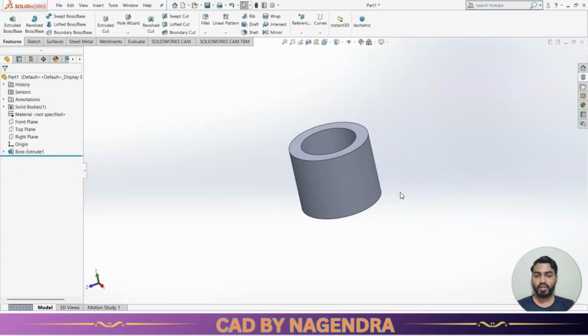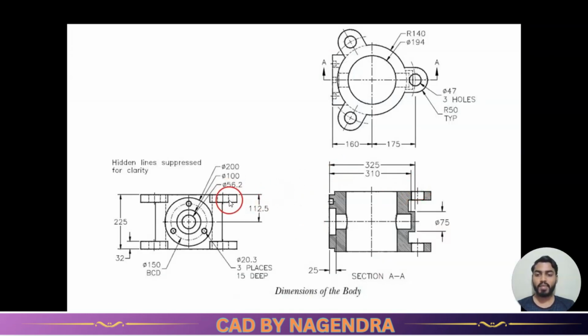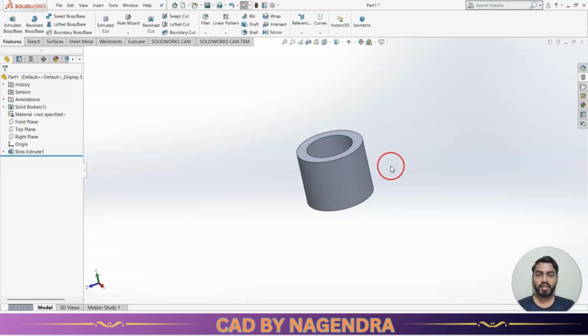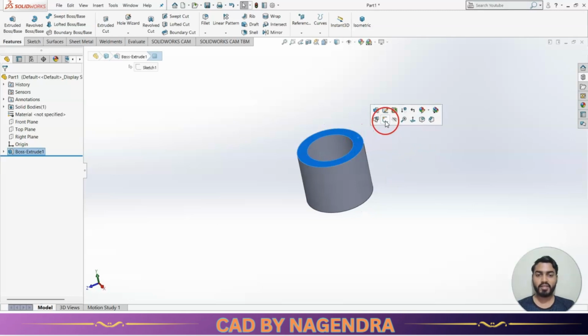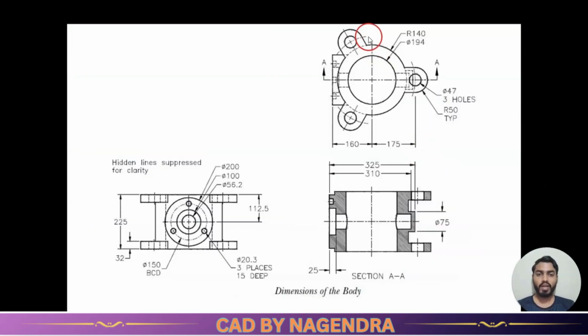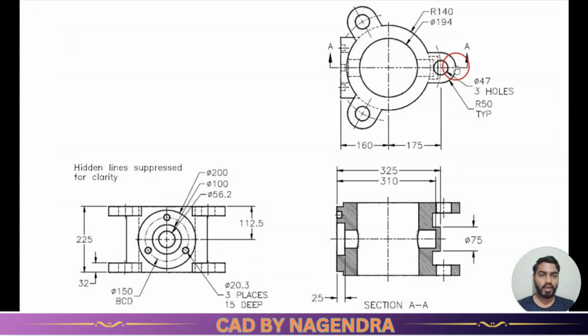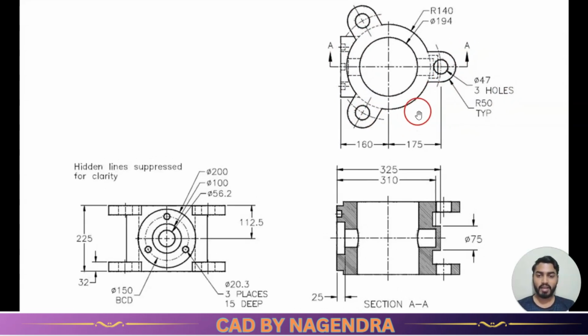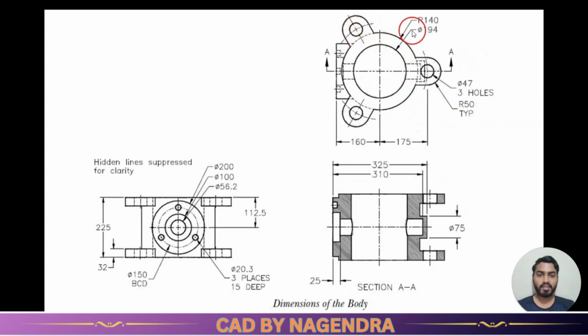Then next to that we have the small supports with this shape. For that I'll go for a sketch on this top face. Make it normal. Now to create that shape, for the outer curve we have a radius of 50. Then for this curvature, you can see properly it should be with these dimensions. So I'll go for dimension and make this shape.